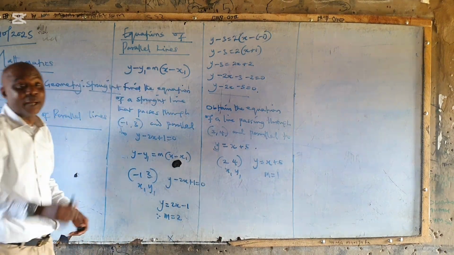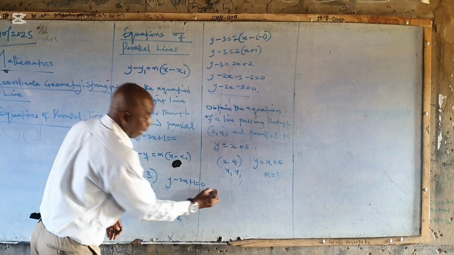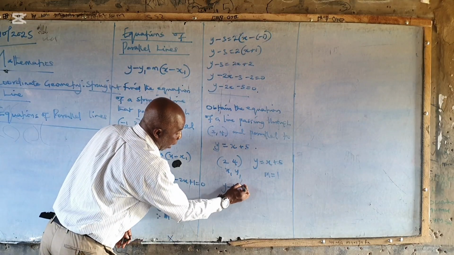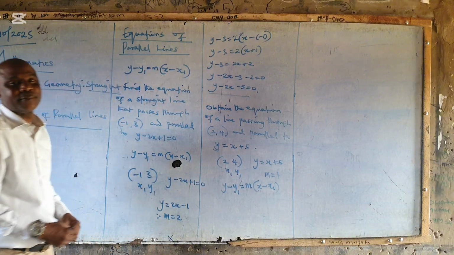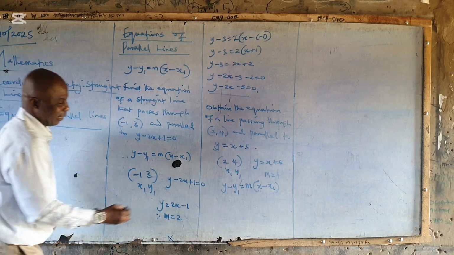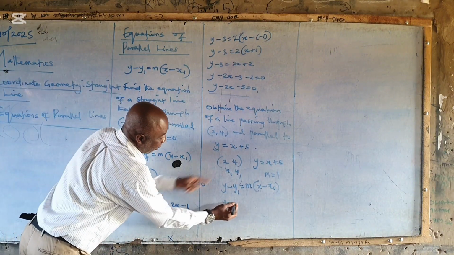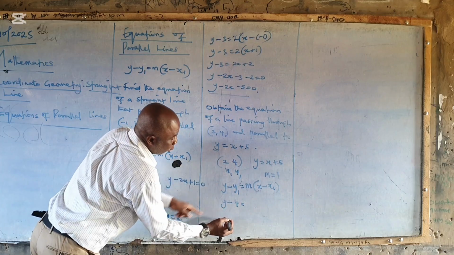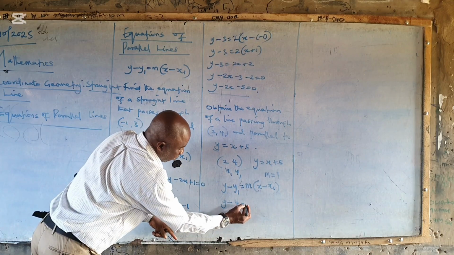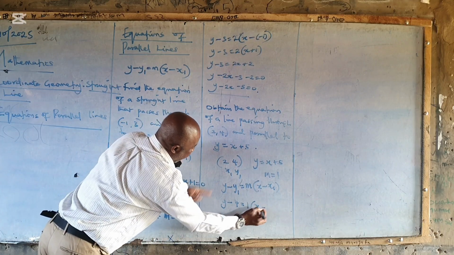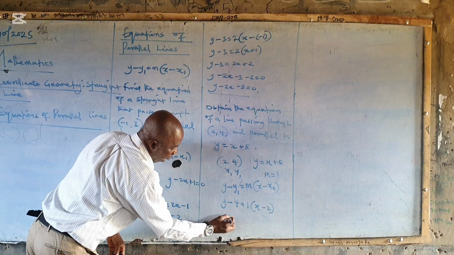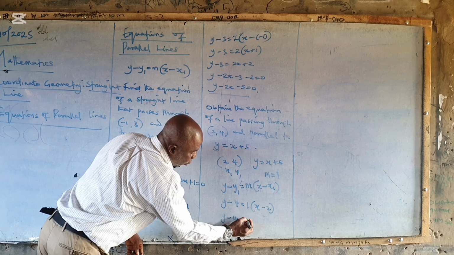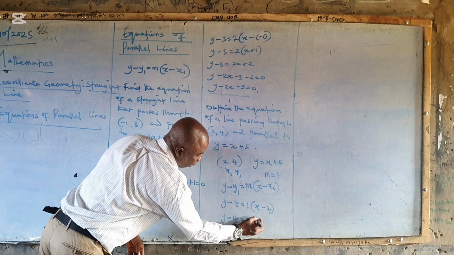Now, having obtained that and knowing how to find the equation of a parallel line, which is y minus y1 equals m into x minus x1, you go ahead to say y minus y1, which is 4, equals m, which is 1, into x minus x1, which is 2. And when you open that bracket, you have y minus 4 equals x, 1 by 2 gives you 2.